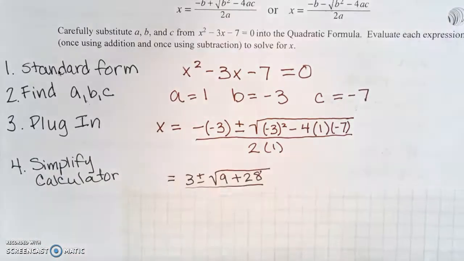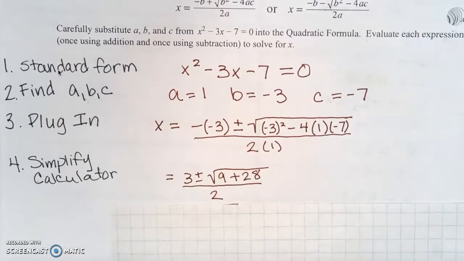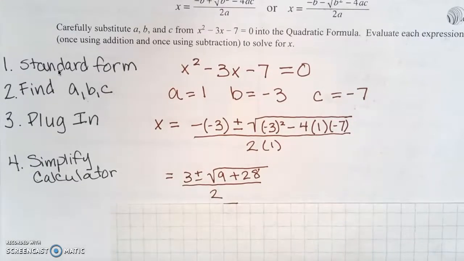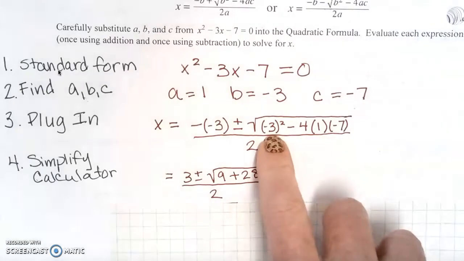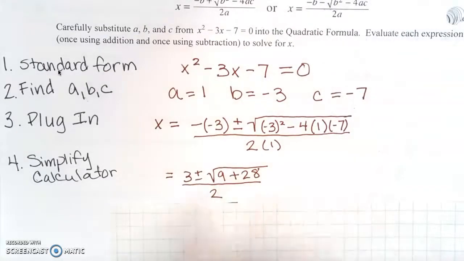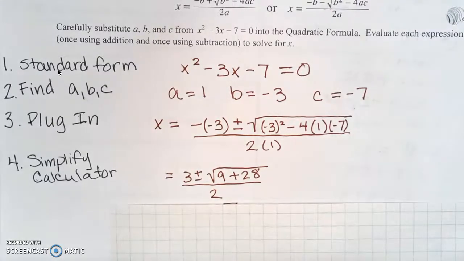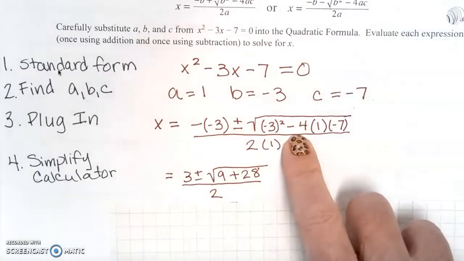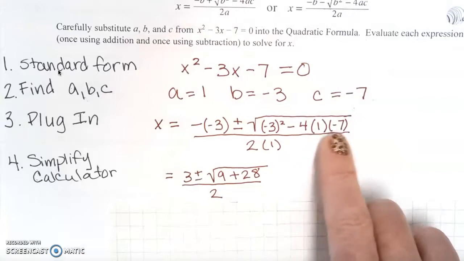All right, so for the next step, we're going to take the opposite of negative 3, which is positive 3. We're going to rewrite the plus minus symbol and the square root. And then underneath that square root, we have negative 3 squared, which is 9. Then we have minus 4 times 1 times negative 7.